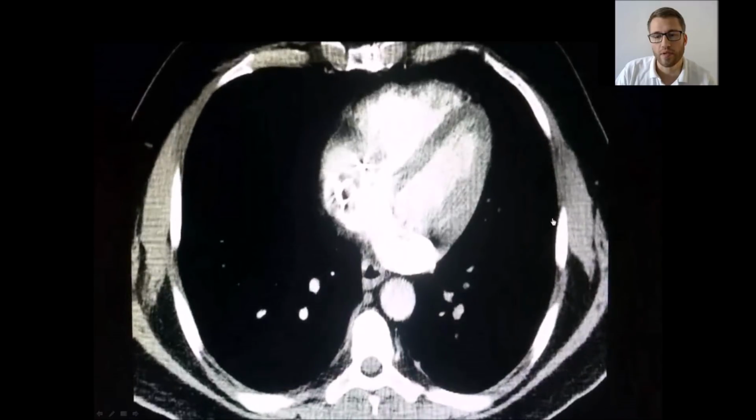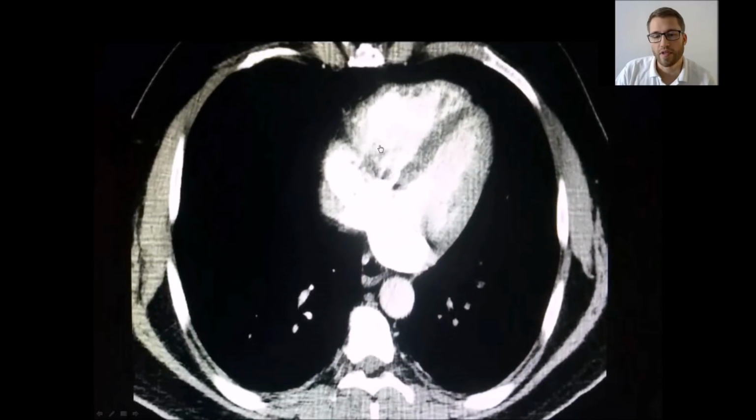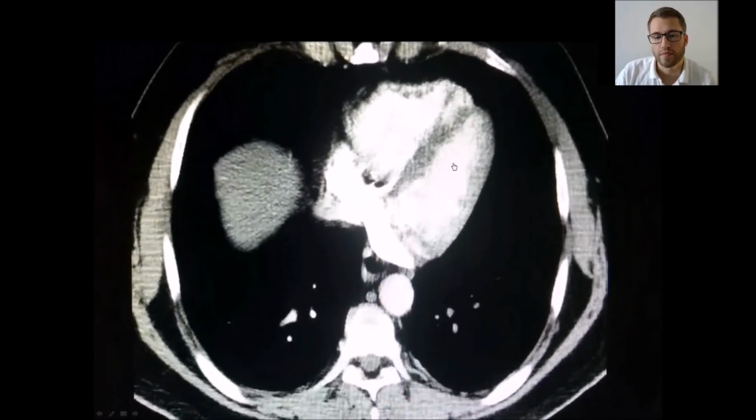I'll show you in a couple of seconds. And have a closer look at the size of the RV. It's at least the size of the left ventricle, maybe even bigger, and it forms the apex of the heart. The right ventricle is apex forming in this case.